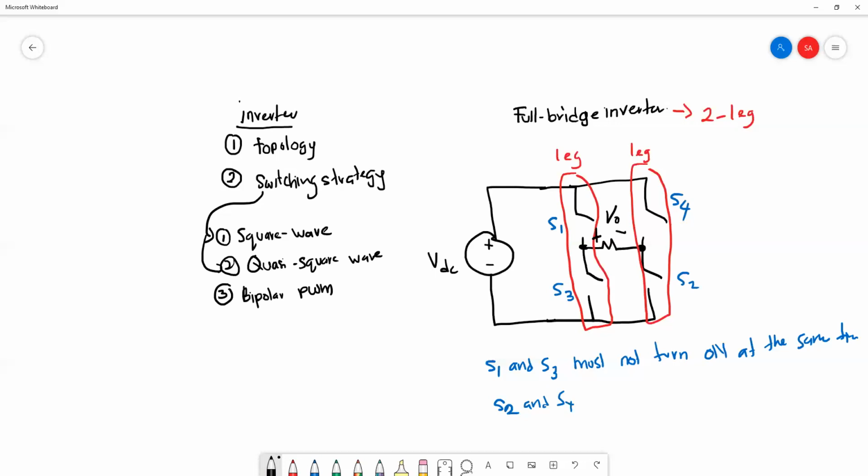So there are three switching strategies that we will go through. Of these three, the first is the simplest, and the last is the advanced and more flexible, more flexible compared to the square wave and quasi square wave. So we will move on to the next lesson, which is the square wave inverter.